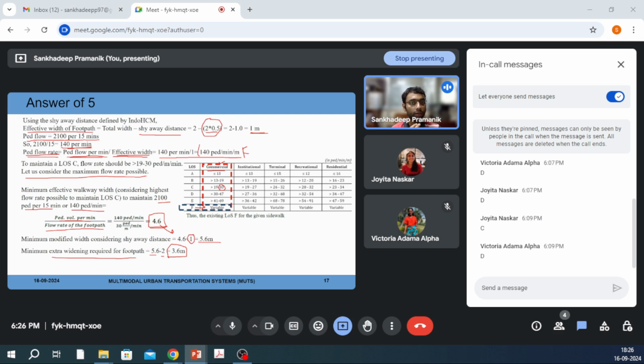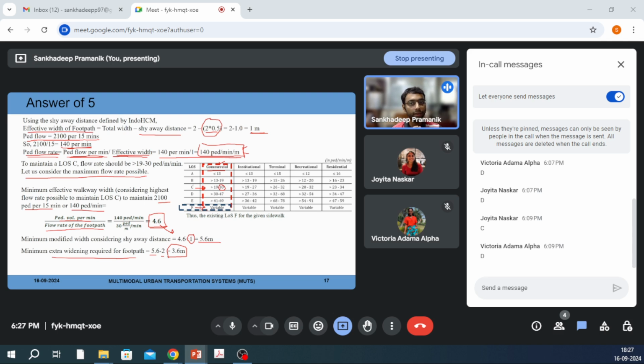So it will come 140 pedestrians per minute per meter. Now in the question it has asked to maintain level of service C. So for maintaining level of service C, the pedestrian flow rate should be between 19 to 30, and if we consider the higher side, so 30 pedestrians per meter per minute.